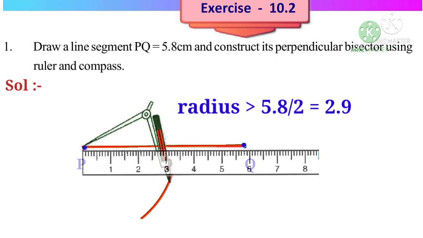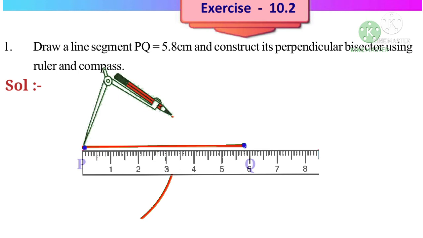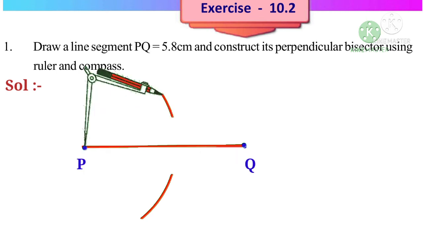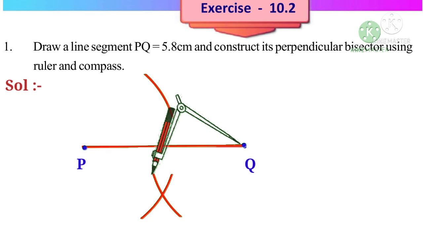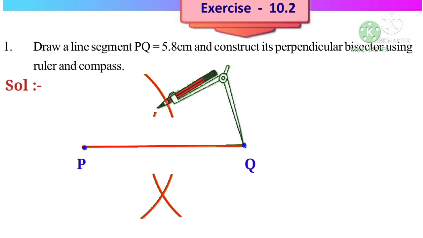We are taking a 3.4 centimeters radius with center P. Using the compass, draw arcs below and above the line PQ. Now with center Q, draw arcs and cut the previous arcs with the same radius, that is 3.4 centimeters.